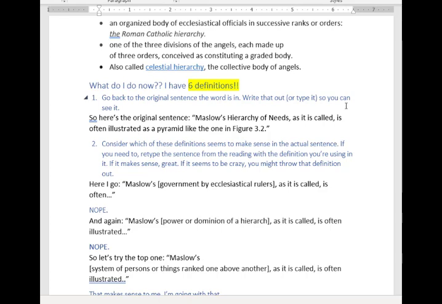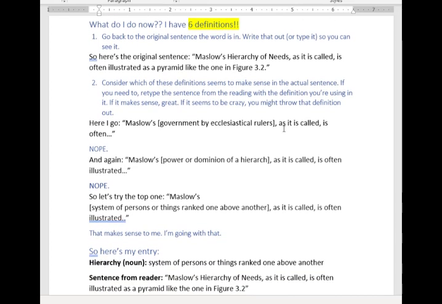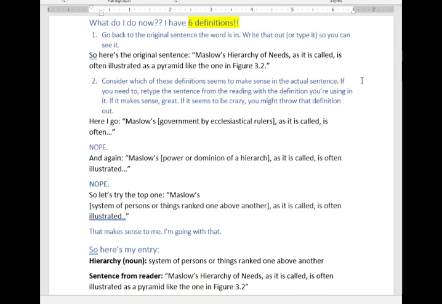Go back to the original sentence in your text, whichever text it is. Here it is from your book. Quote, Maslow's hierarchy of needs, as it is called, is often illustrated as a pyramid, like the one in figure 3.2. Now, consider which of these definitions seems to make the best sense in your sentence.